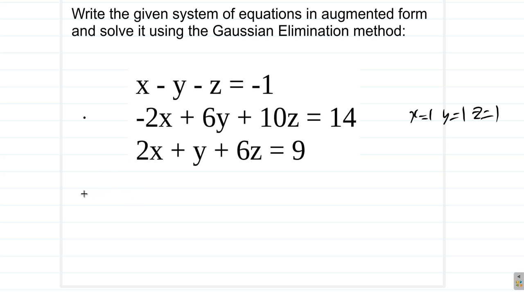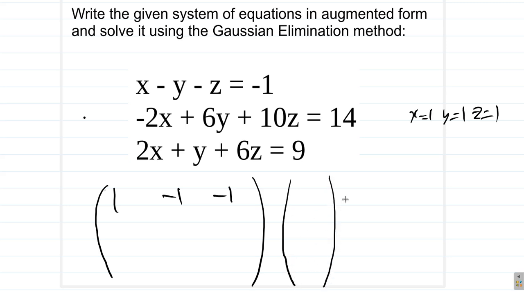Augmented form. First of all, write it in ordinary matrix form. You have 1, negative 1, negative 1, negative 1. I told you to write it in as ordinary matrix, and I'm writing it in augmented matrix. To be safe, and ensure you don't make any mistake, write it as normal matrices first. 1, negative 1, negative 1. Equal a third matrix.